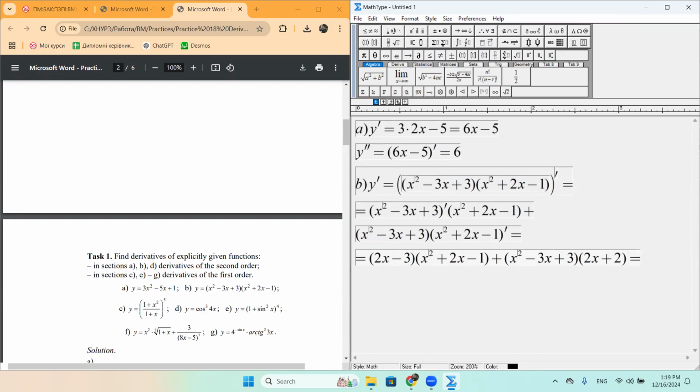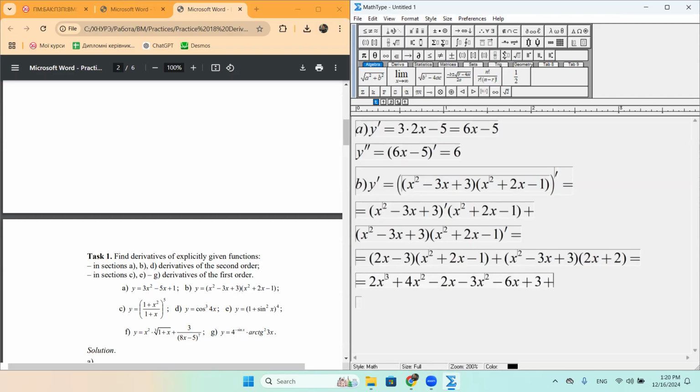Okay, and now I suggest you expand brackets because it will be easier to differentiate and easier to find the second derivative. So expanding the first expression: 2x cubed plus 4x squared minus 2x minus 3x squared minus 6x plus 3. So everything is correct.